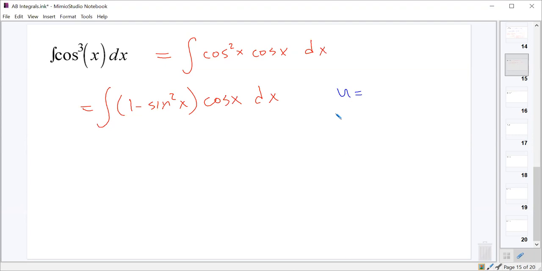There's one thing that you guys haven't tried yet. Do we distribute the cosine x? We could distribute the cosine x. That's going to give us cosine x minus cosine x sine squared x, right? And the cosine x part we could easily integrate, but with the cosine x sine squared x, we're going to have a similar problem to where we're sitting right now.